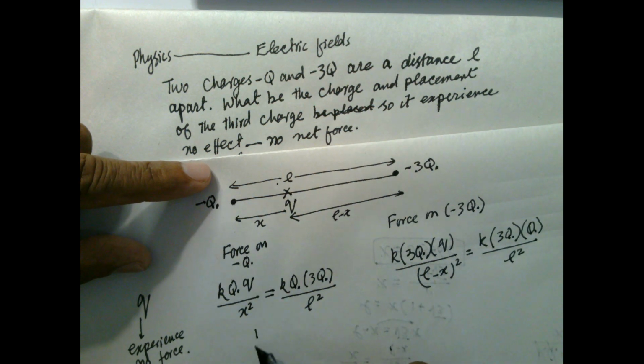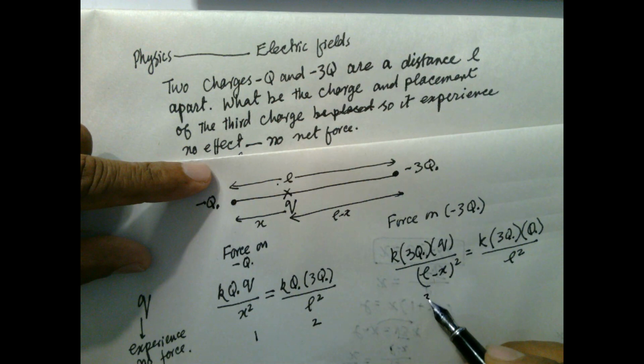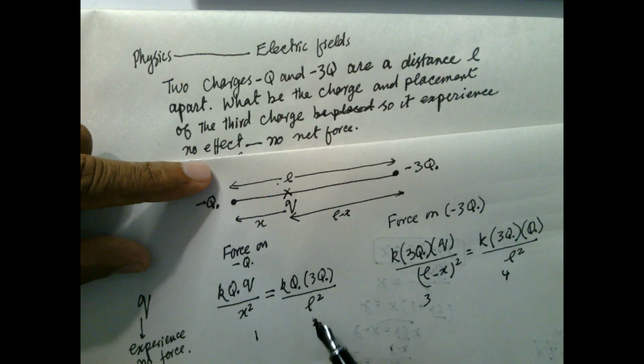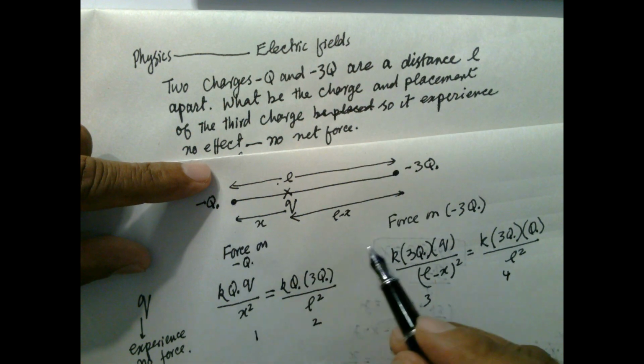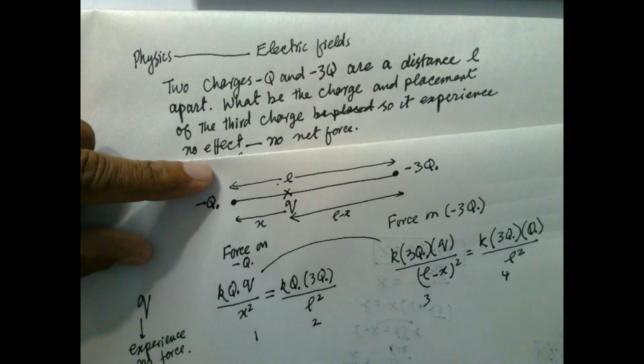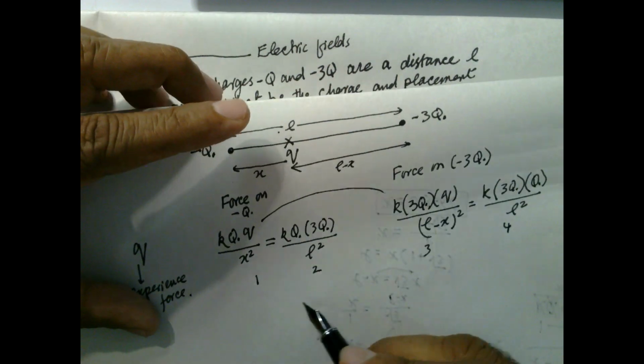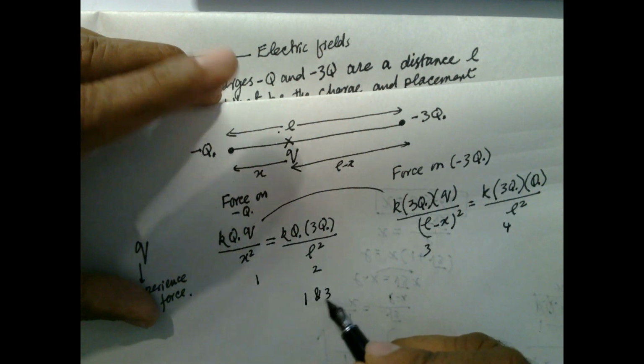This is 1, this is 2, this is 3, this is 4. 2 and 4 are equal, which means we can use these two terms, 1 and 3.